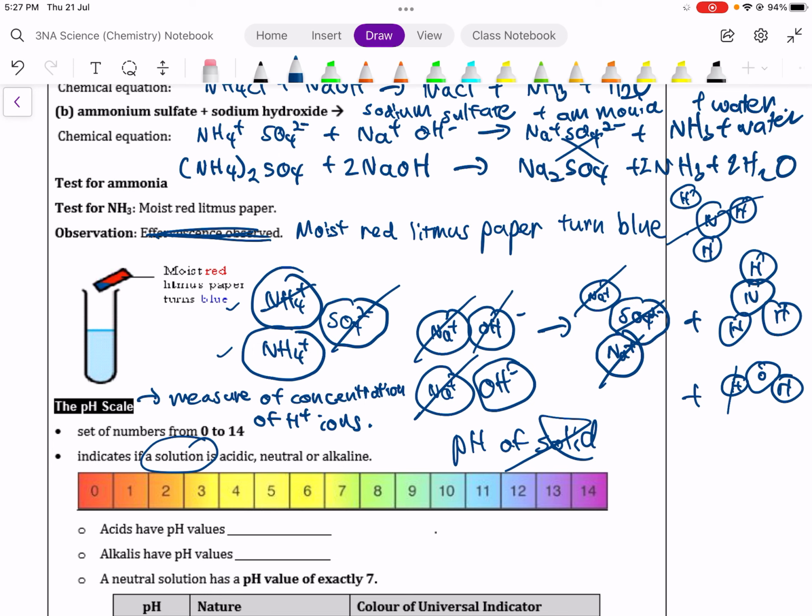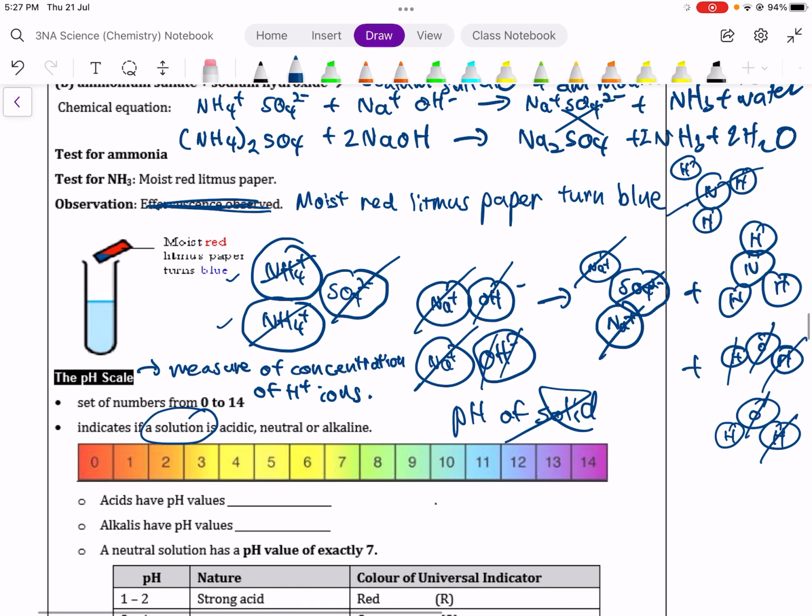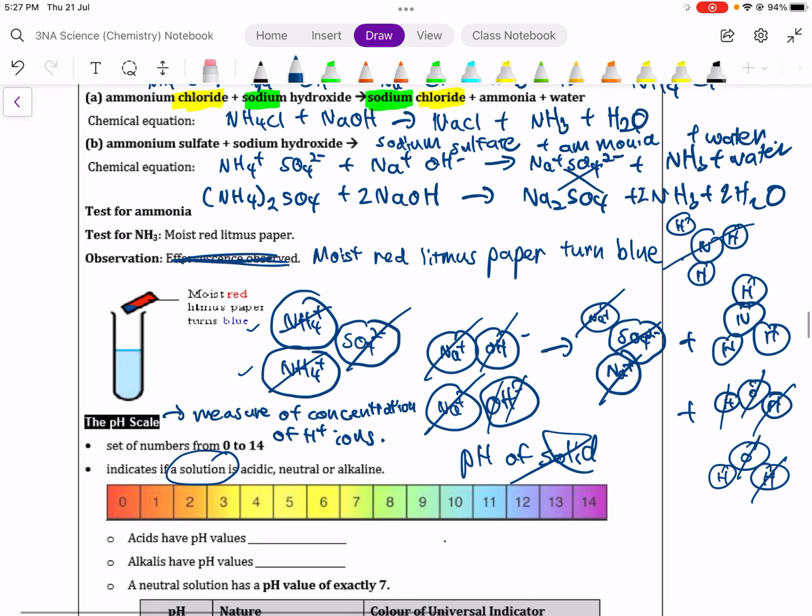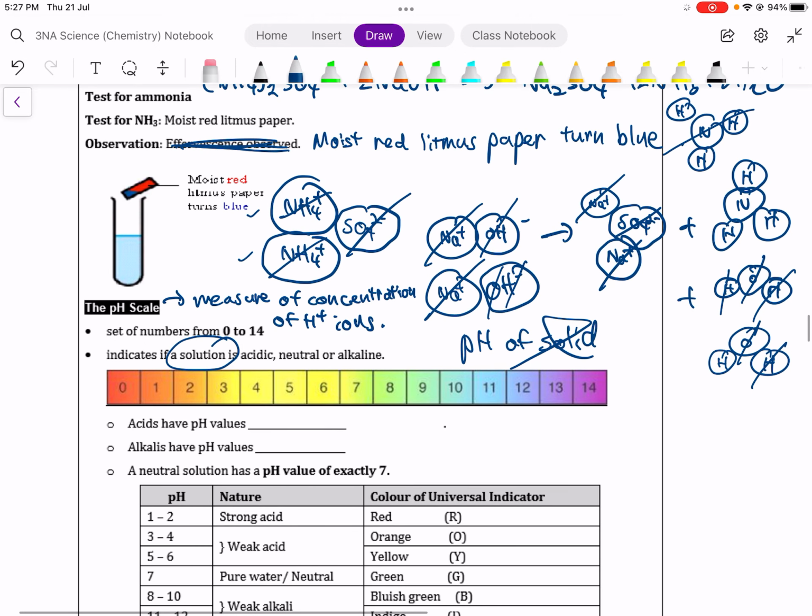So one more set of water, so two sets of water. The O cancels out, the H cancels out, then this one cancels out. If you still have problems, when we see you on Monday, you can raise it up for this chemical equation.